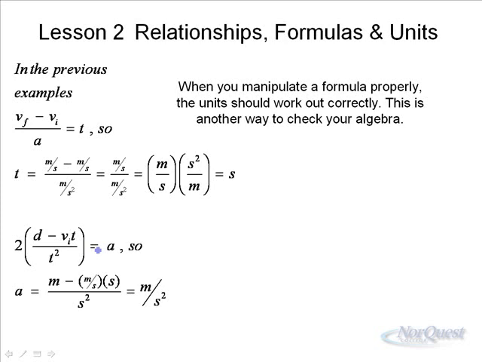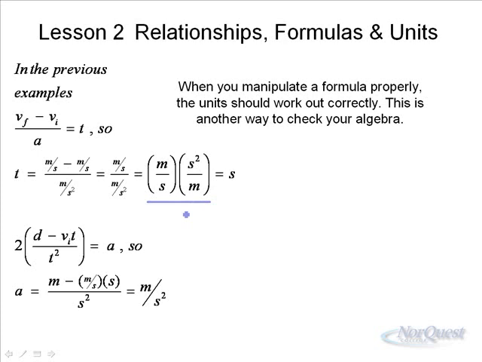Dividing a fraction is the same as multiplying by its inverse. So a meter per second divided by a meter per second squared is the same as a meter per second times a second squared per meter. And the units cancel nicely to give us seconds.